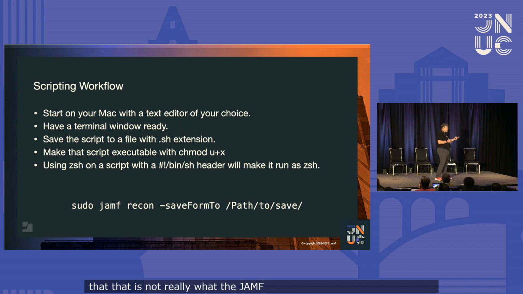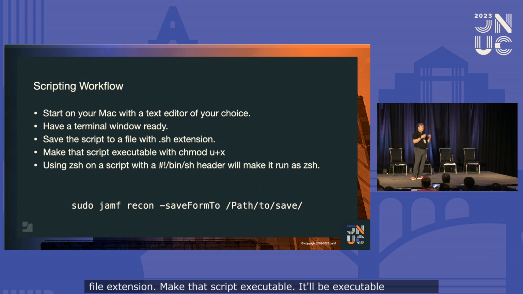So once we're done making what we need to make, we're going to save that with a .sh file extension. Make that script executable with chmod u+x. That means that it's going to be executable to the user. That's important because if you, say, light up that script using, say, bash or Z shell and then call the script, whatever you have at the top of the script defining how it should run will change.